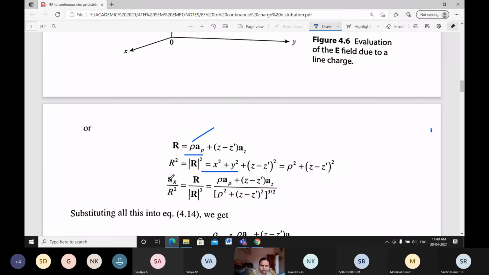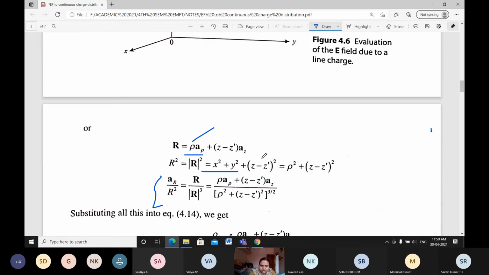Then aR divided by R square, as we already learnt in the Coulomb's law slide, is the unit vector aR divided by the distance R square, which is R divided by R cube.